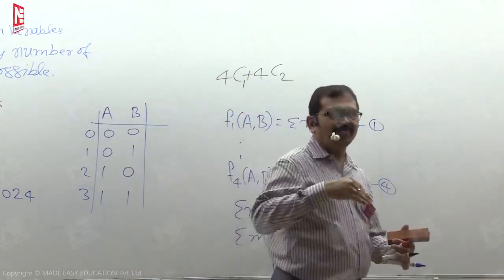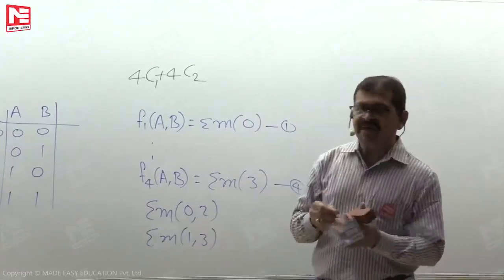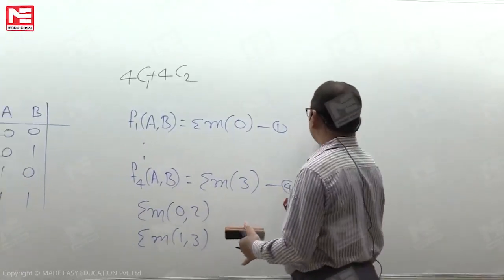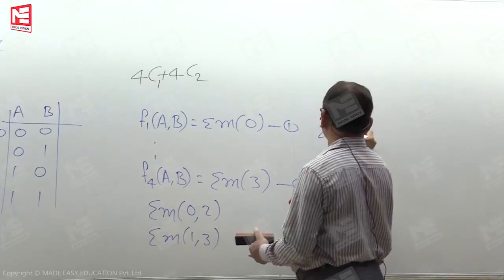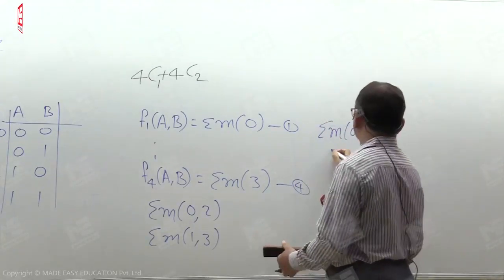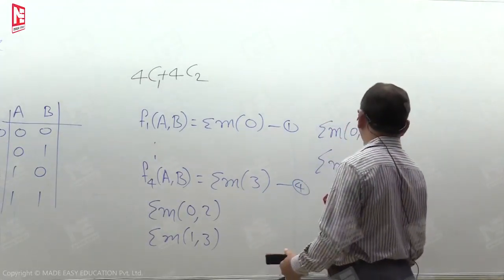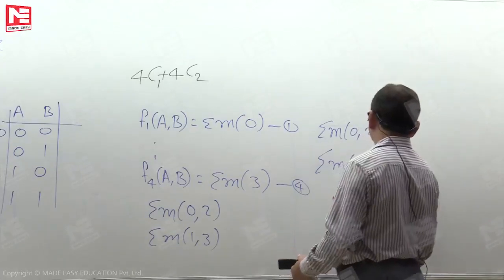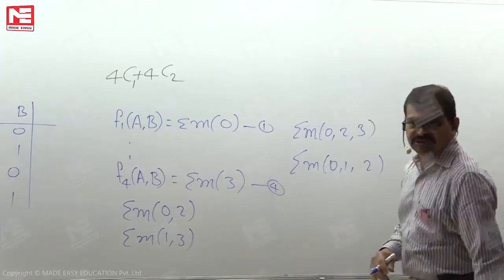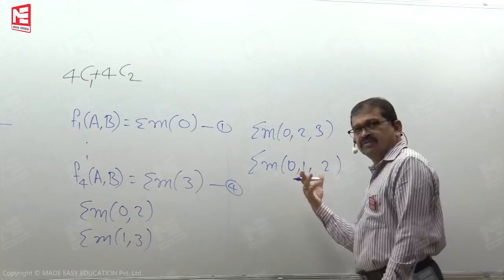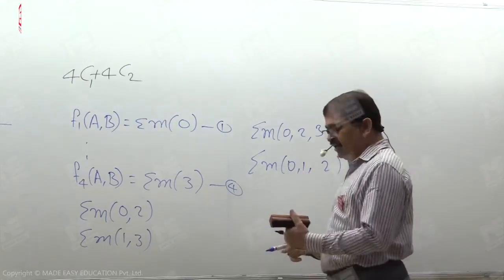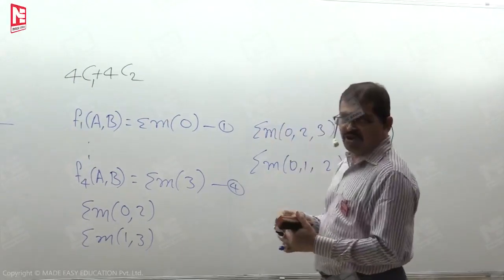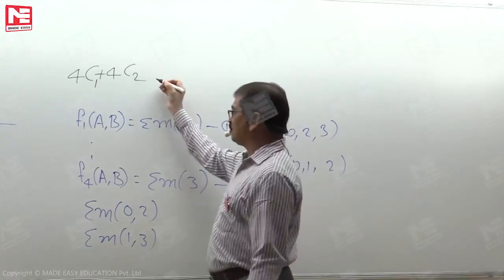With the same thought process, if we extend it, taking 3 combinations as the minterms, 0, 2, 3, 0, 1, 2, then definitely, with 3 combinations as the minterms, how many functions are possible?